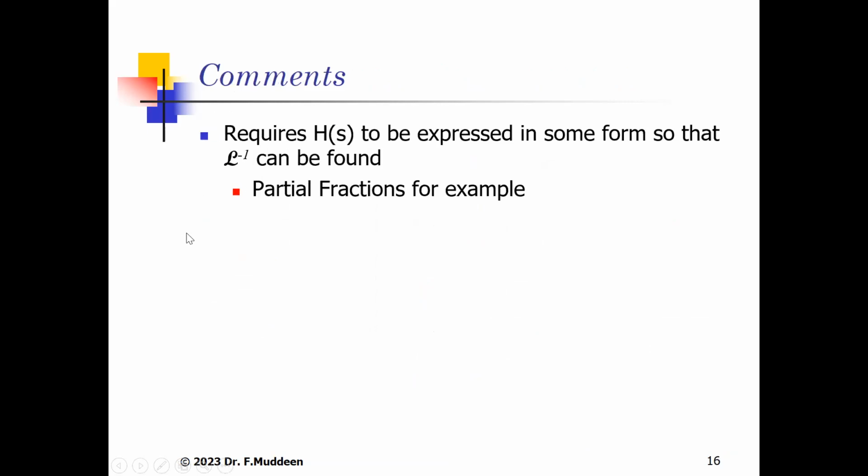So first off, in order for this to work, remember the whole process is that you're given some H(s), and along the way, you have to convert that H(s) to some H(z).